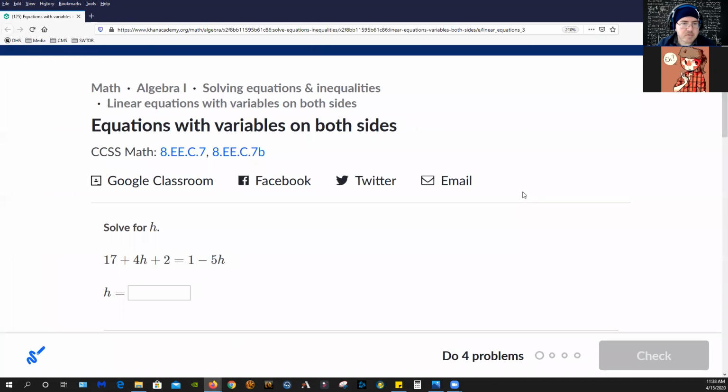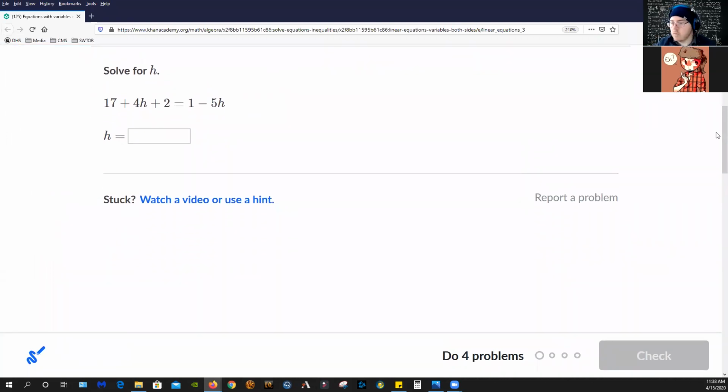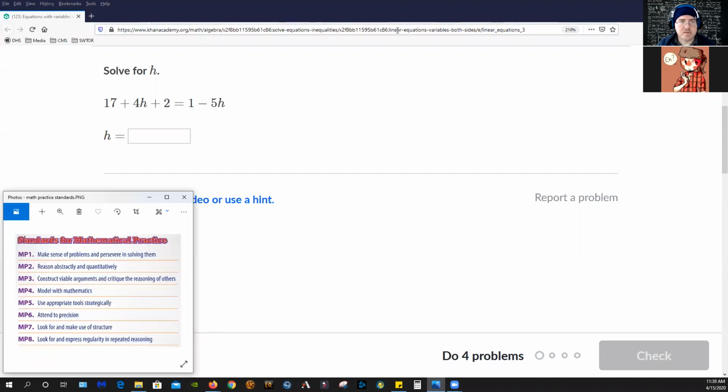All right, so we're trying to solve for h with variables on both sides of the equation. Here we go. So, get my math practice standards out. Let's start off by just making sense of our problem. We need to solve for h. In this case, we are going to be doing some abstract reasoning.